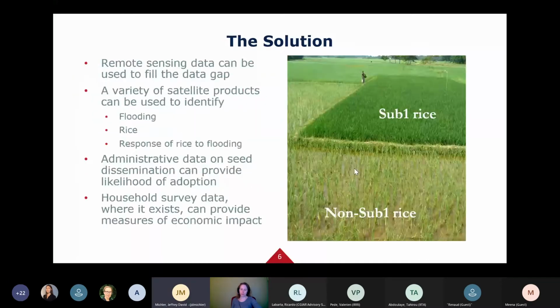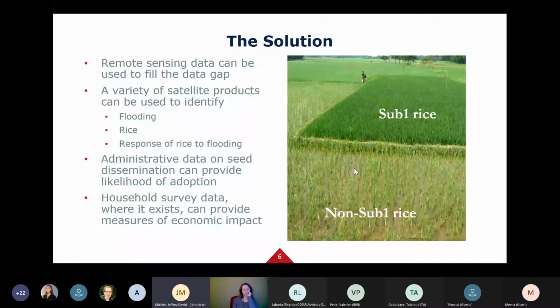So what do we do? In our case with Sub1 and other submergence-tolerant rice varieties, they're a technology that is amenable to observation from space. As you can see in this photo, when there's flooding, Sub1 rice responds in a very different way than non-STRV rice. And as you can see in this image, the contrast is pretty stark.